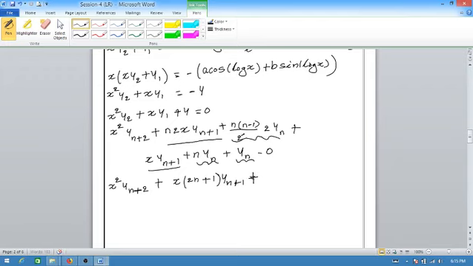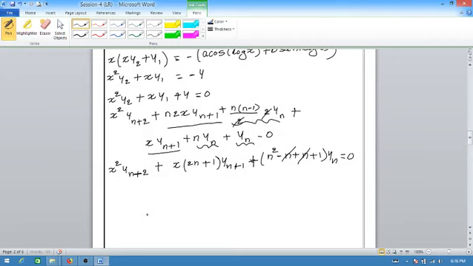So here 2 get cancelled. So multiply n here, n square minus n. So this is plus n and plus 1 into yn is equal to 0. Plus n minus n get cancelled. So one more step I can write here.